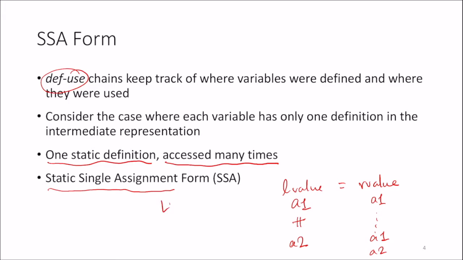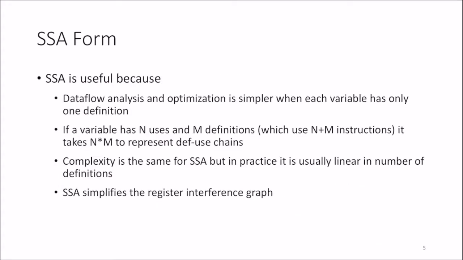In fact, it's used in LLVM and most modern intermediate representations because it has so many nice properties when it comes to data flow analysis and also optimization. It's much simpler when each variable only has one definition. If a variable has n uses and m definitions and you can redefine it multiple times, it takes n times m different define-use chains.